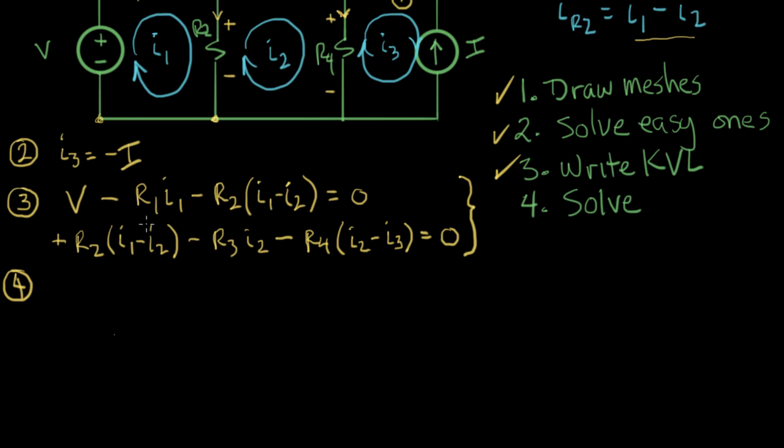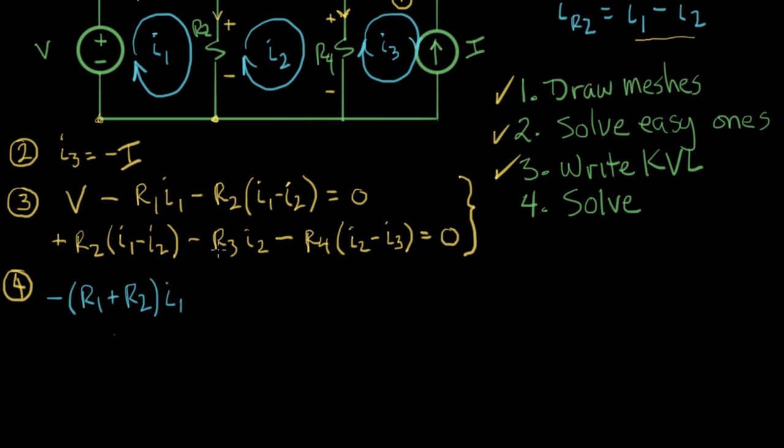So if we look at the first equation for I1, it's mentioned here twice. So we get minus a combination of R1 plus R2 times I1.